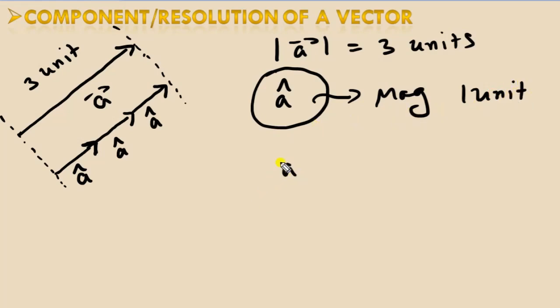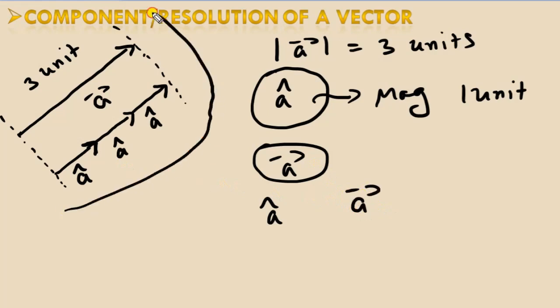So if there is a vector A, then A cap means a vector in the direction of the same vector A, but having a magnitude of 1. So vector A, in this example, we can write as 3 times the unit vector A, that is A cap plus A cap plus A cap, is 3 times A cap, which is vector A. Ultimately, adding these 3 together will give us vector A.